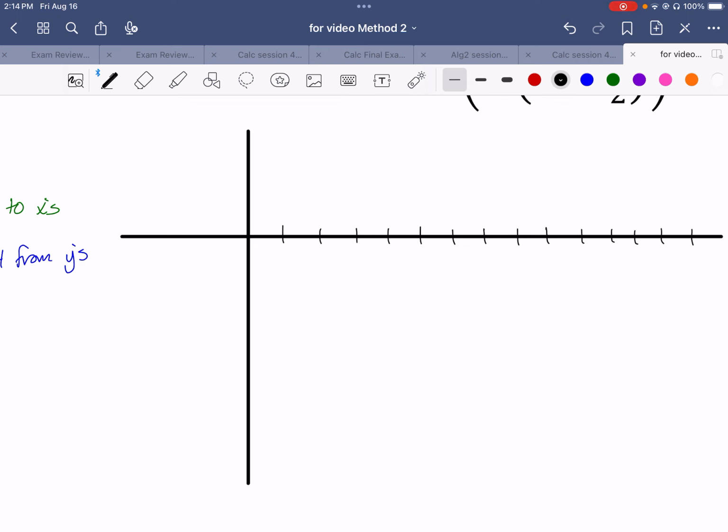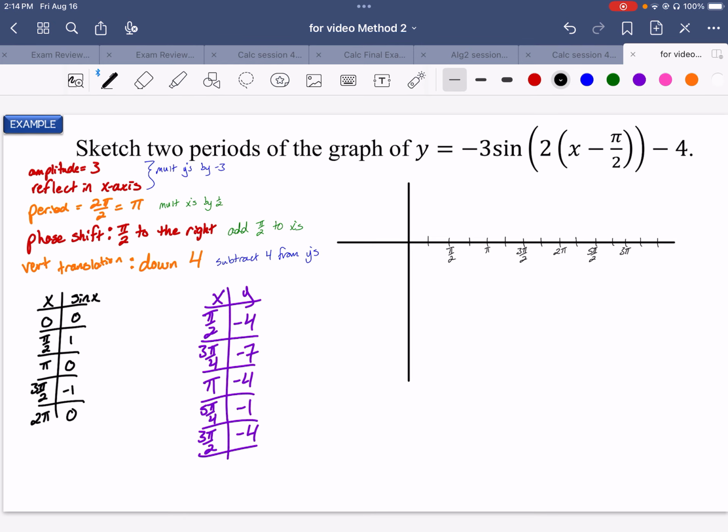Each one is going to be pi over 4, and I'm just going to label every other one. So that'll be pi over 2, and that's going to be pi. That'll be 5 pi over 2, and then that will be 3 pi over there. I probably have too many tick marks, and that's okay.